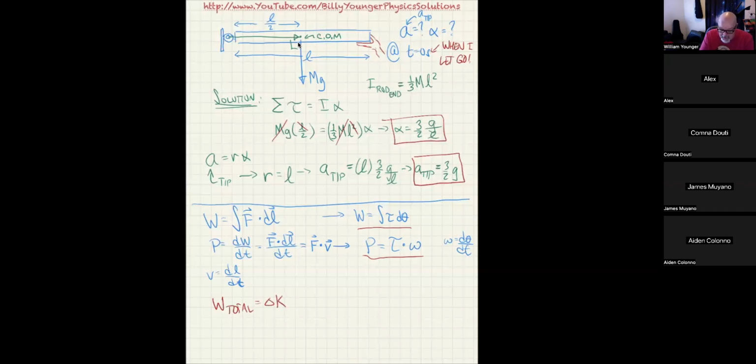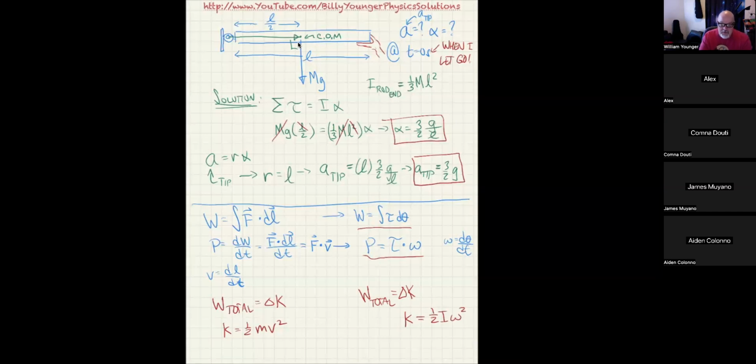Well, that happens to give you exactly the same thing over here. Total work is equal to the change in kinetic energy. Only the kinetic energy here, instead of being kinetic energy equals 1/2 mv squared, becomes 1/2 I omega squared.